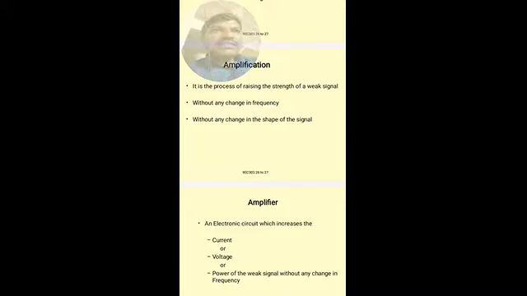Amplification is raising the strength of the weak signal with no change in frequency. A circuit which is used to increase the current, voltage or power of a weak signal is called an amplifier.